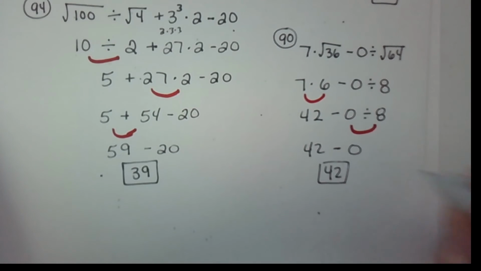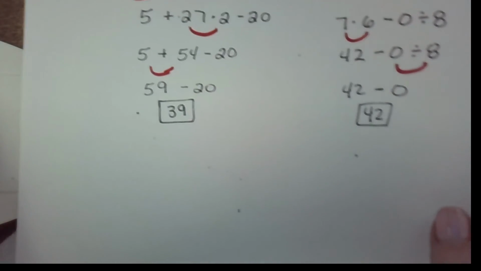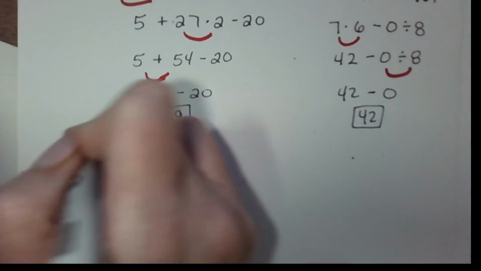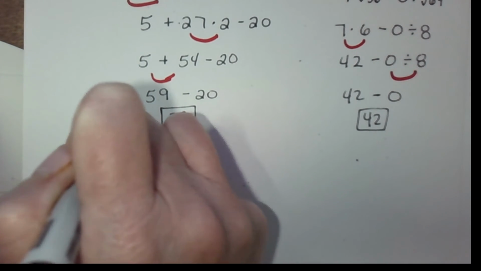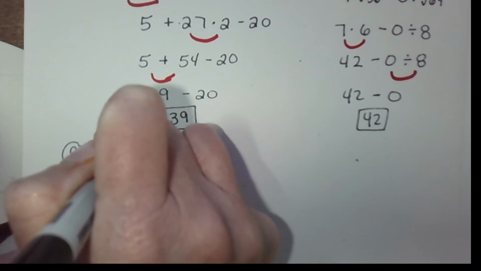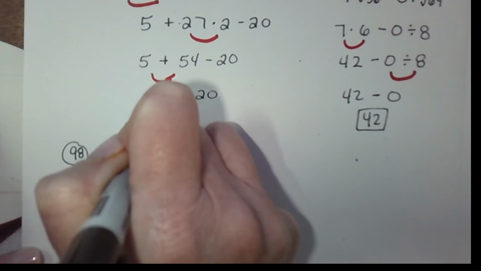Okay, last one. Let's look at number 98. That one has a little bit of everything in it. We'll write this one out very carefully because it would be easy to misread some of these symbols.